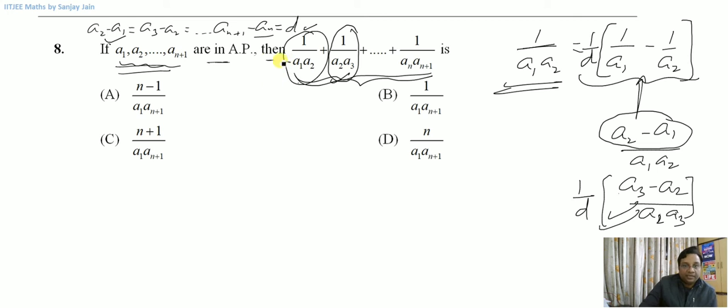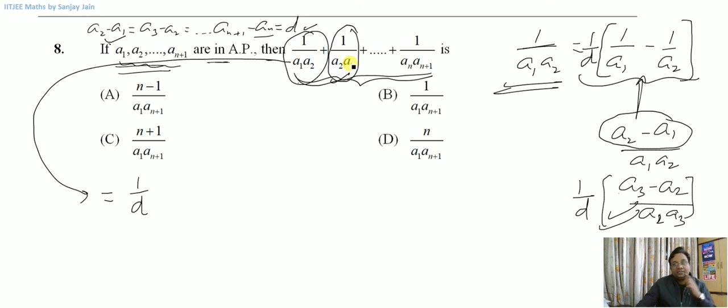So I can write this expression as 1 by d, and you see all these numerators are differences of consecutive terms, so all these numerators are d. You understand? I'll just show you.